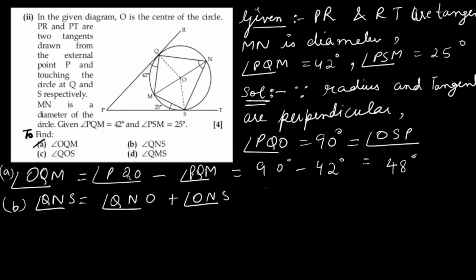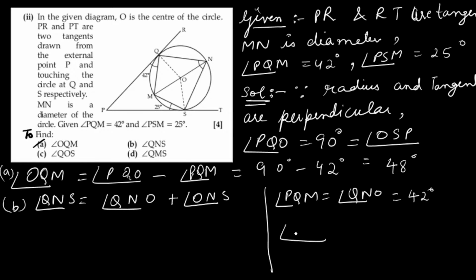So first of all, angle PQM is equal to angle QNO. So it's equal to 42 degree, and angle PSM is equal to angle ONS is equal to 25 degree.